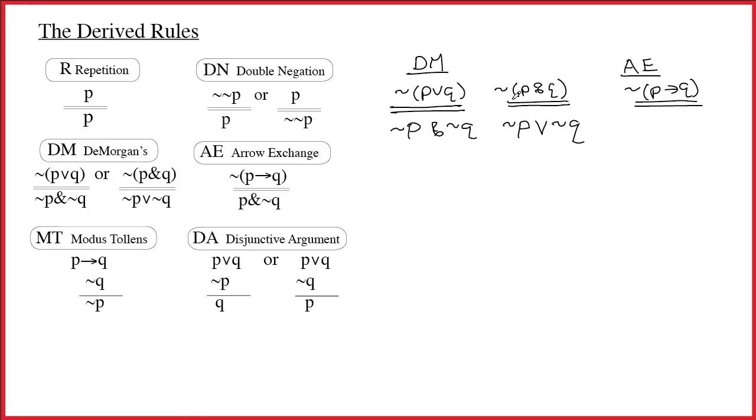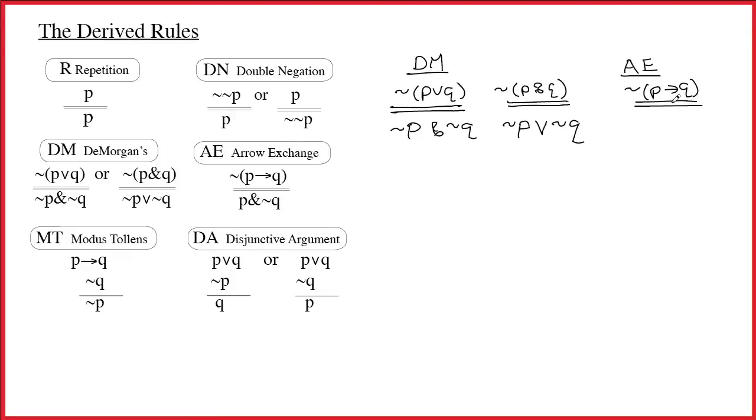This one says it's false that I enjoy both puzzles and quizzes. So in other words, I don't enjoy puzzles or I don't enjoy quizzes. In terms of symbolization, you should recognize that both of these forms of DeMorgan's mean negate both parts. And these forms both say negate just at least one part.